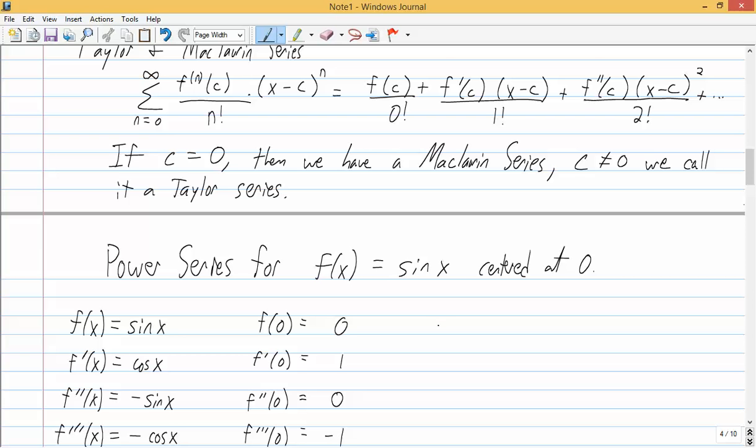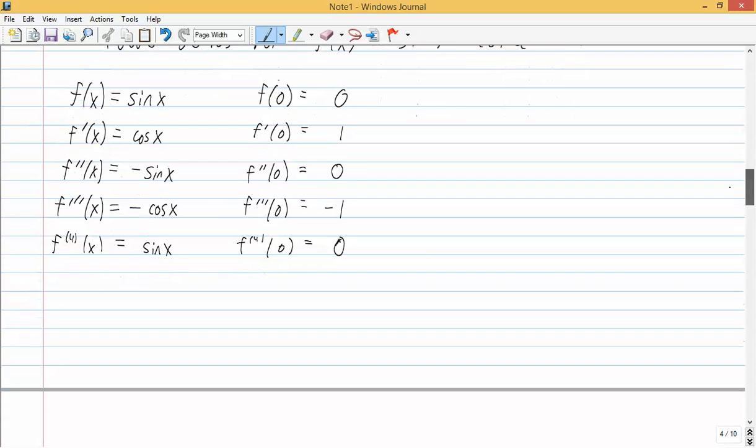Let's say the first 4 or 5 terms: summation n equals 0 to infinity of the nth derivative evaluated at 0 over n factorial times x to the n is equal to, what's our first part of our formula?